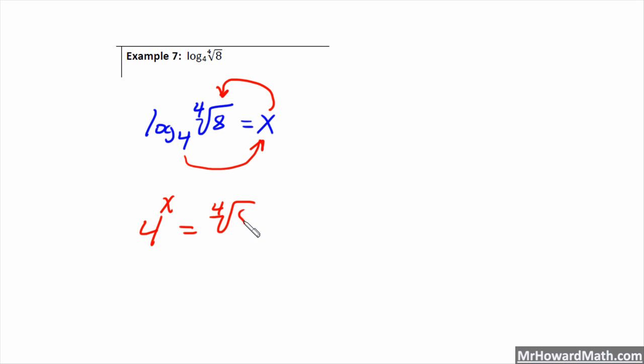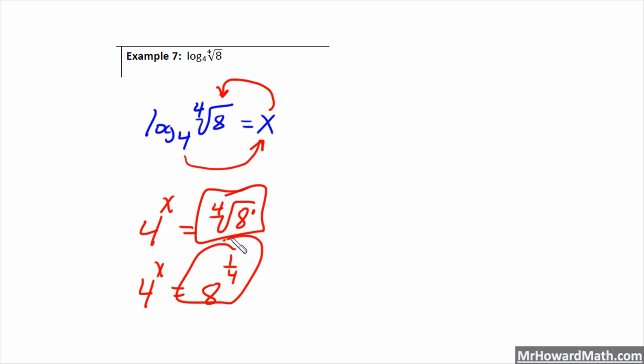Well, I'm going to do this in a couple of steps. So next, I'm going to leave this the same, 4 to the x, and I'm going to make this 8 to the 1/4 power. Remember, in our exponent unit, it's power over root, so we're raising 8 technically to the first power. We don't list that exponent here, but it is there. So power over root, we're taking the 4th root and we're raising it to the first power. So this is equivalent to this.